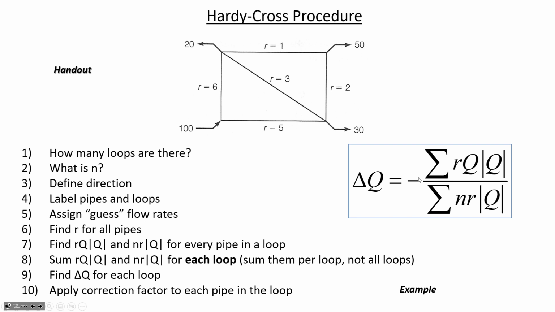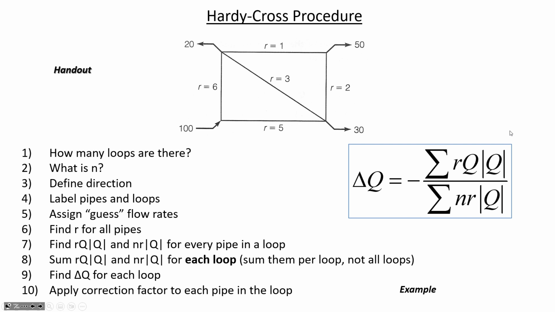And then there's this minus sign here. So this delta Q is a correction factor that helps us get closer to the correct flow rates. So this formula is balancing out the friction losses. Remember how I said that each route in the network has to have the same amount of head loss regardless of which way the water goes through there?